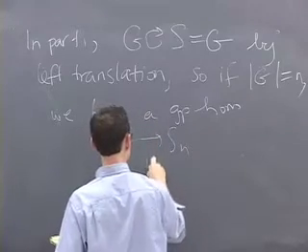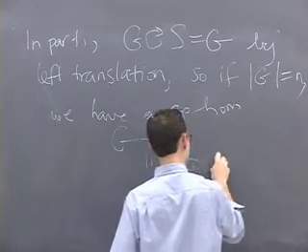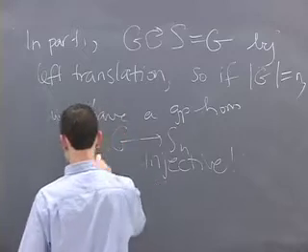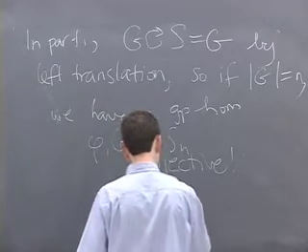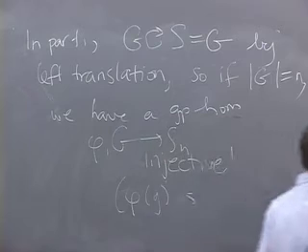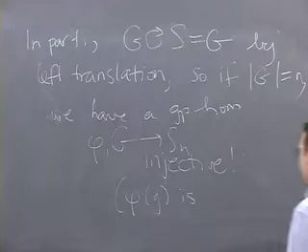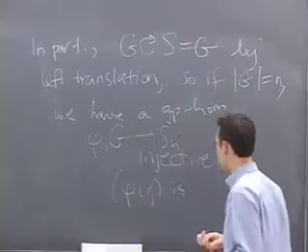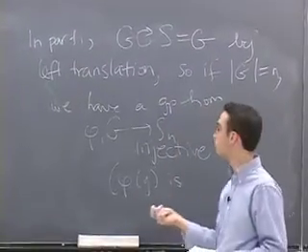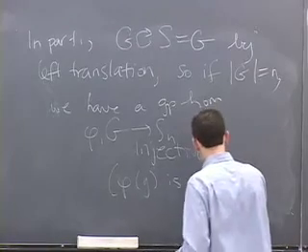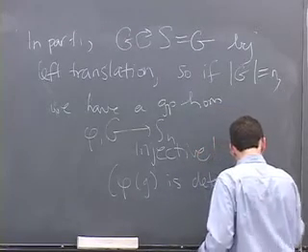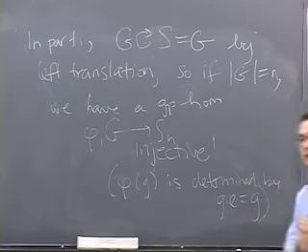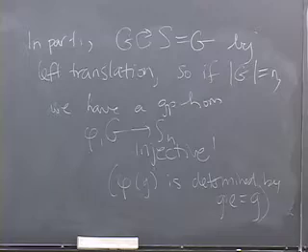It's in fact injective. That follows because phi of g under this correspondence is just the thing telling you what the action is. But we know that the element g is in fact determined by left translation on the group itself. In fact, it's determined by acting just on one element, the identity element. So this map is injective.